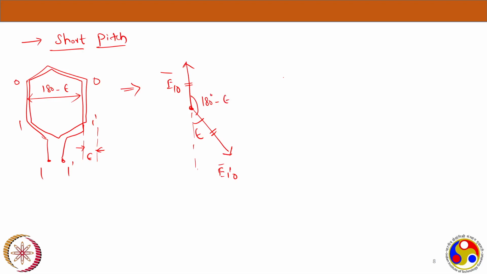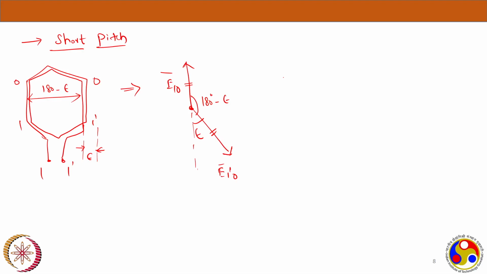Right. Now we can easily find the resultant using some trigonometric and mathematical equations. I am trying to get the reverse of E1 dash 0 because I need to find the resultant.